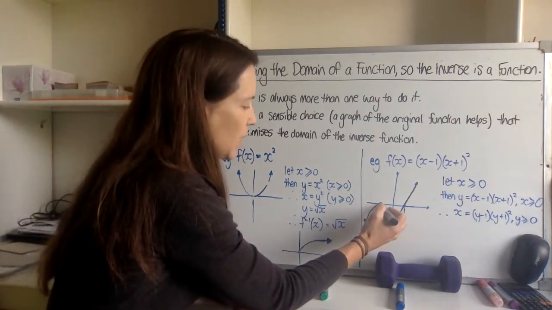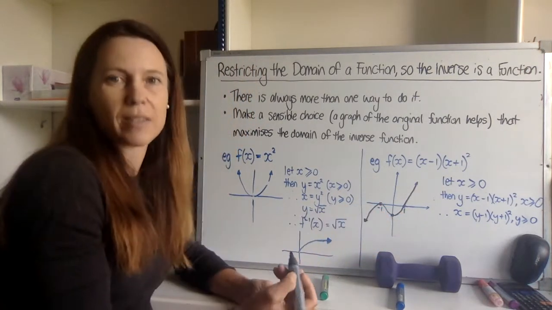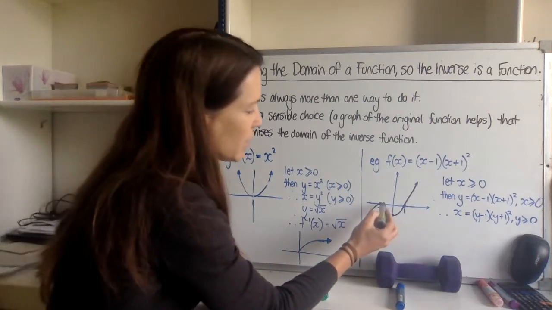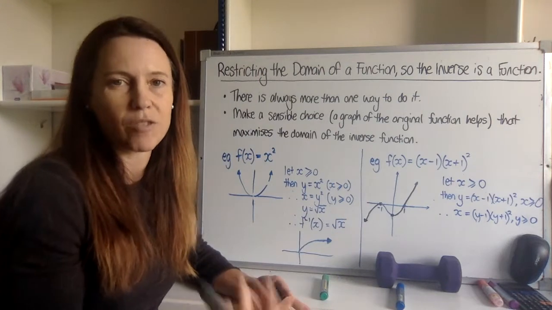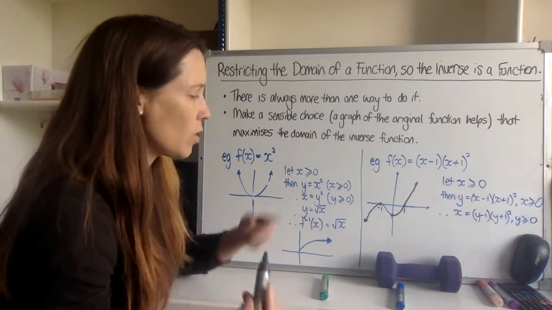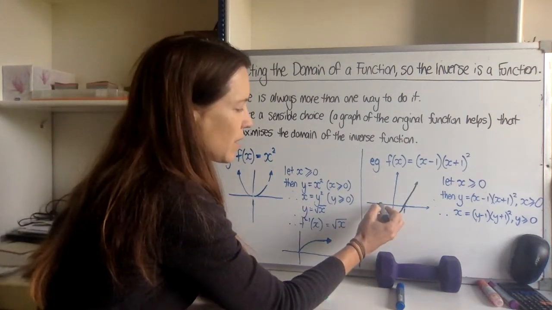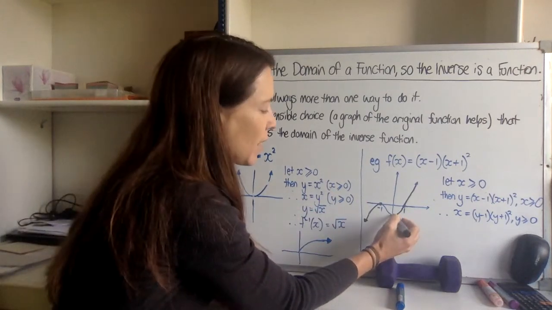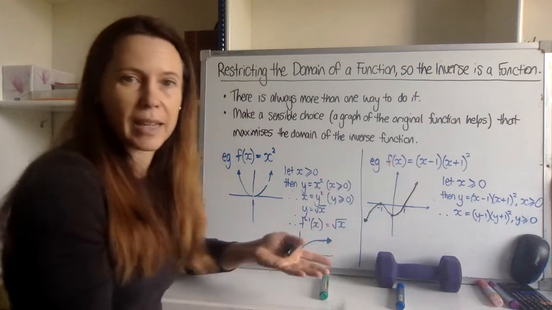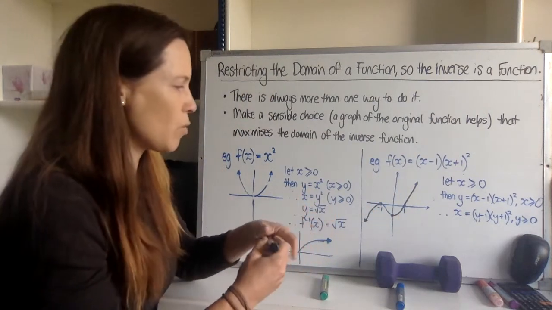And anywhere from here down will also pass a horizontal line test just fine. It's this part in here that's the actual problem area, so it's the bit that we don't want. So what do we do? Well, we could have x being less than or equal to -1, or we could have x being greater than or equal to 0. I'm going to take that option because it looks like the more straightforward one.